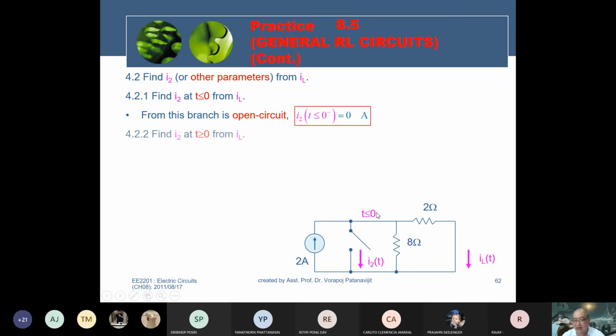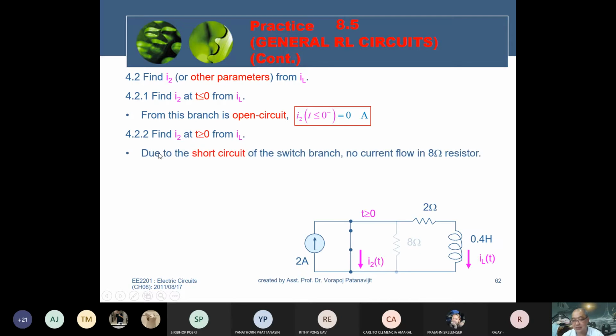But for time greater than 0, I2 will be composed of two current sources. When it is short circuited here, you know that no current flows in the 8 ohm, right? Due to the short circuit of the switch branch, no current flows in the 8 ohm.